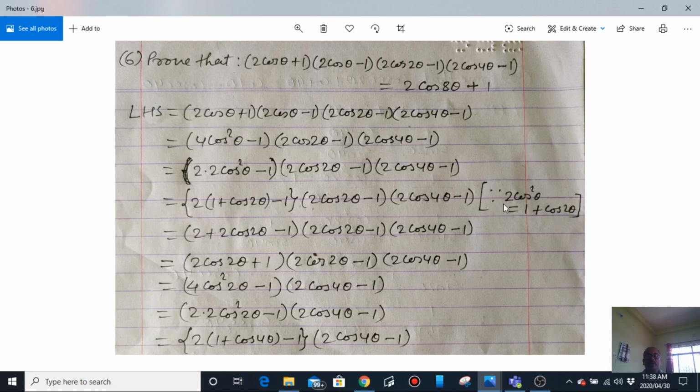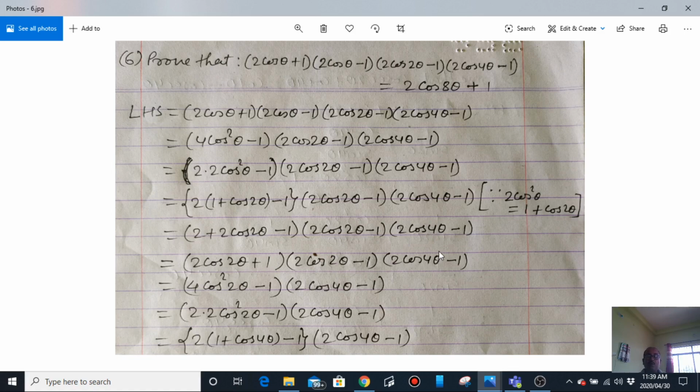So here I have given clarification. Now remove this bracket, only this internal bracket. 2 into 1, 2 plus 2 cos 2 theta minus 1. These two are still same. Bracket removed. 2 minus 1 will become plus 1. So 2 cos 2 theta plus 1, 2 cos 2 theta minus 1, 2 cos 4 theta minus 1.